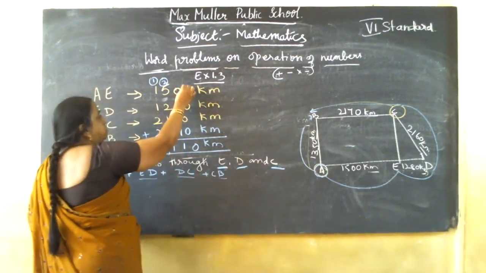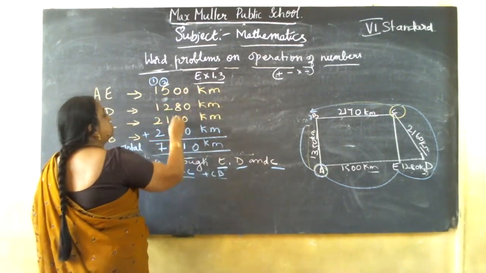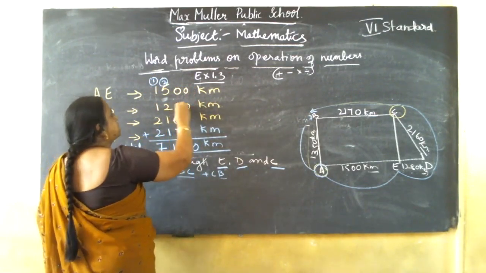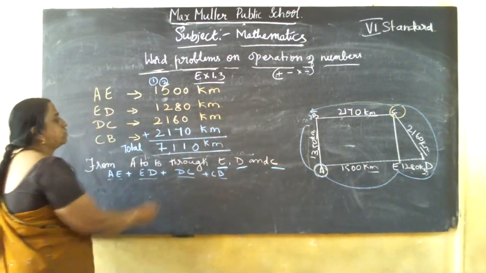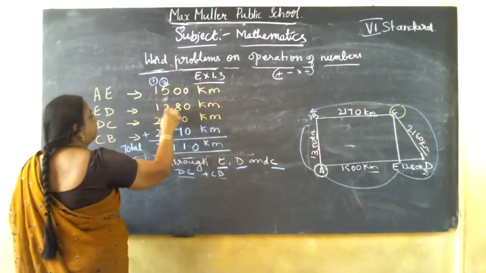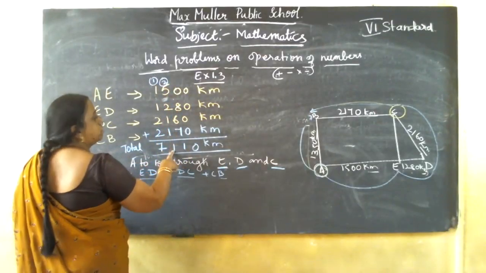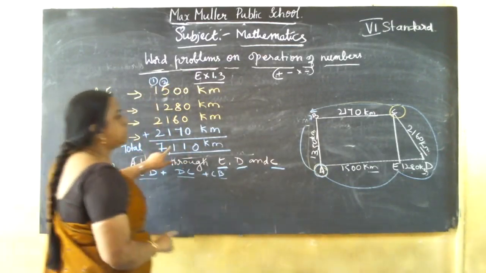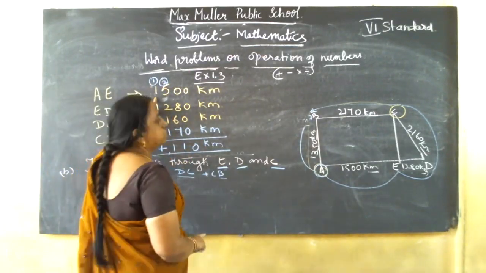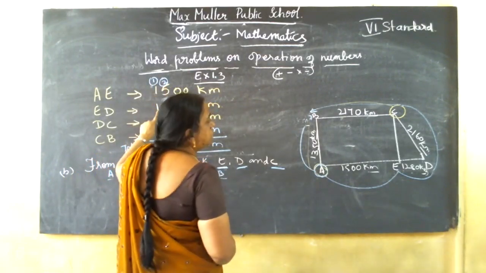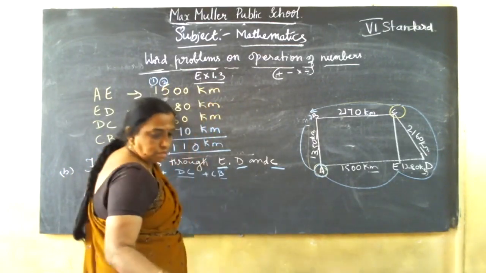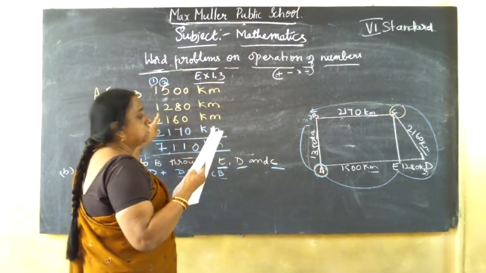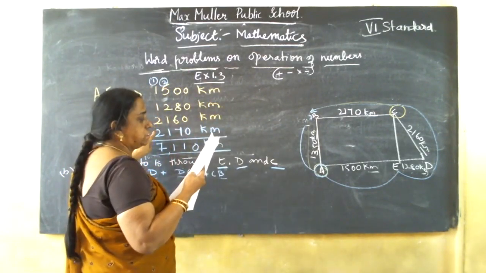Wait, I will do the addition once again and we'll check. 13 plus 8 is 21. 1, 2 carry. 7, 8, 9, 10, 11. 1 carry. 1, 2, 3, 4, 5, 6, 7. Correct. Whether we copied the question correctly: 1500, 1280, yes. 2160, correct.